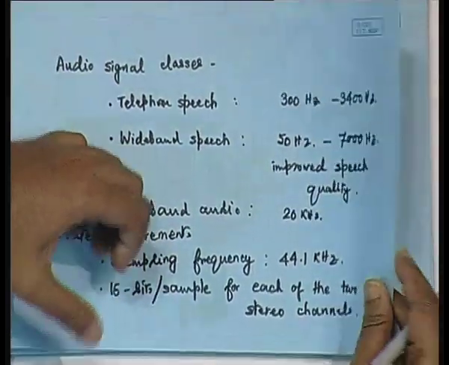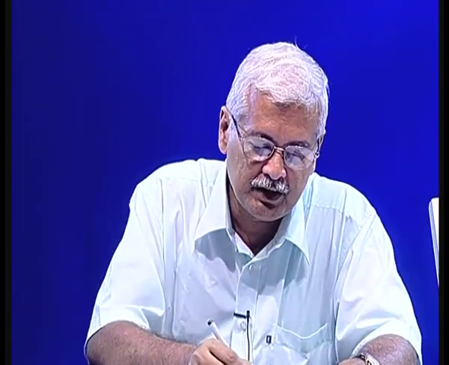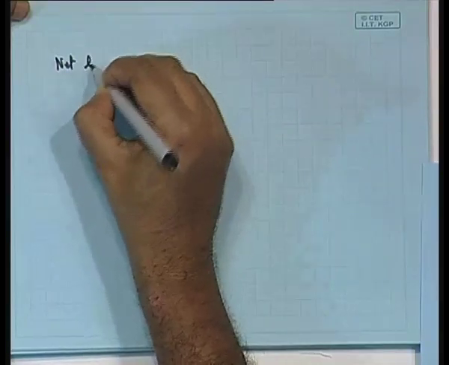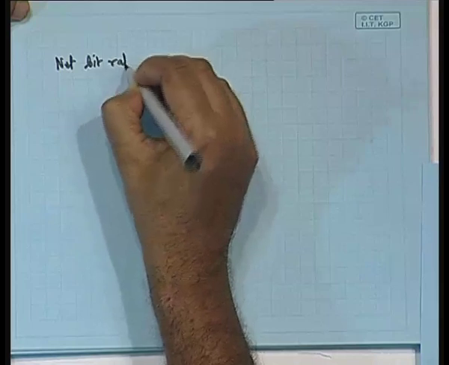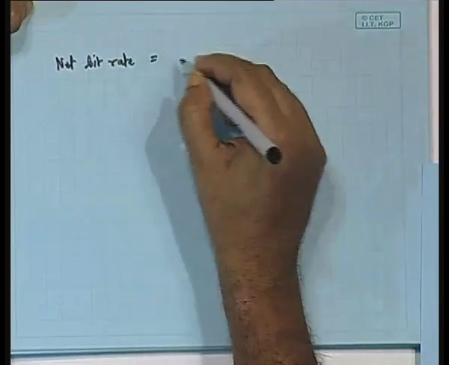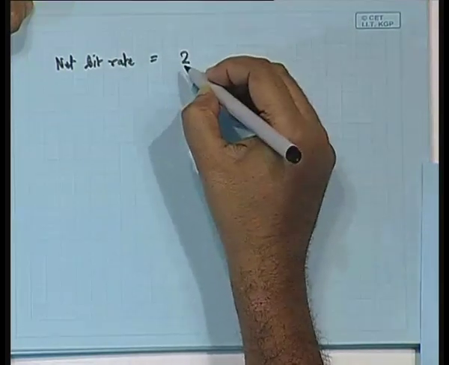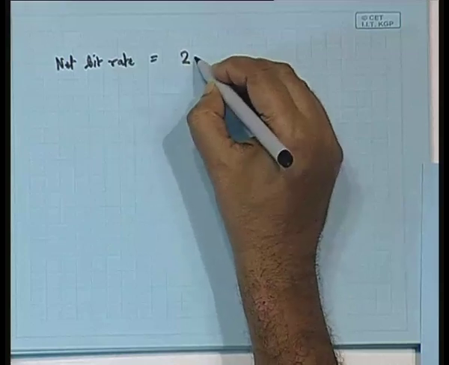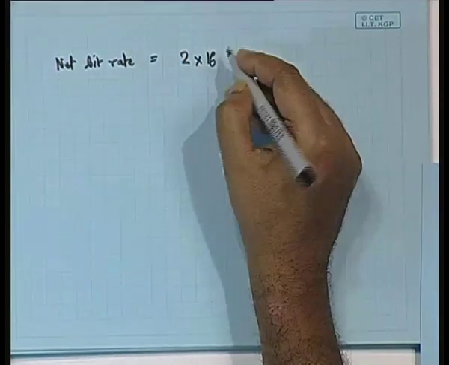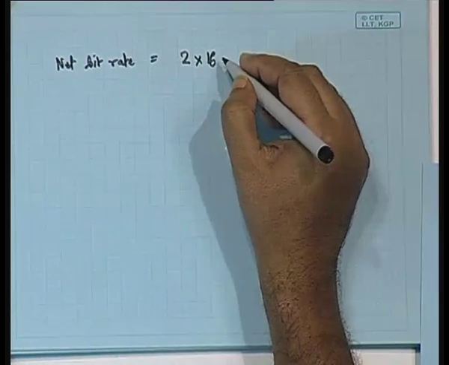The net bit rate works out as follows. It is 2, because of the 2 stereo channels, each requiring 16 bits per sample.